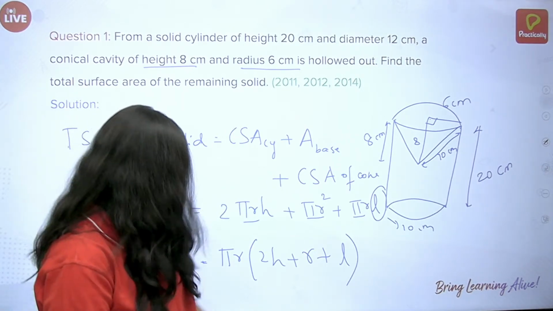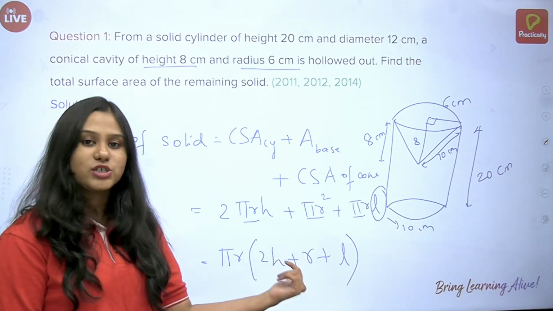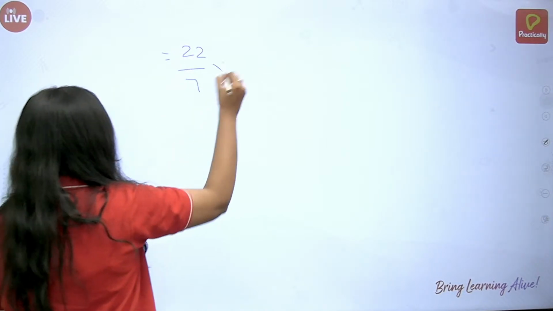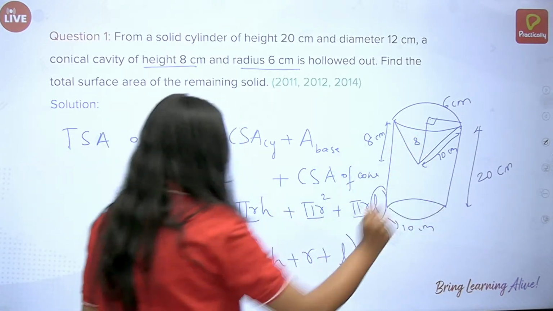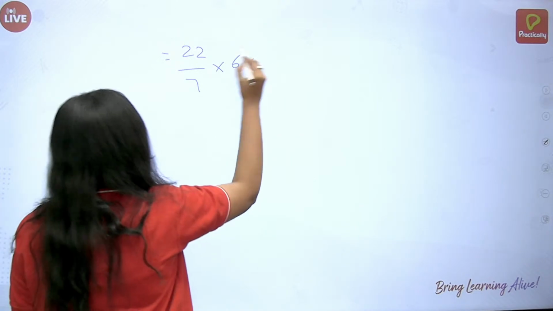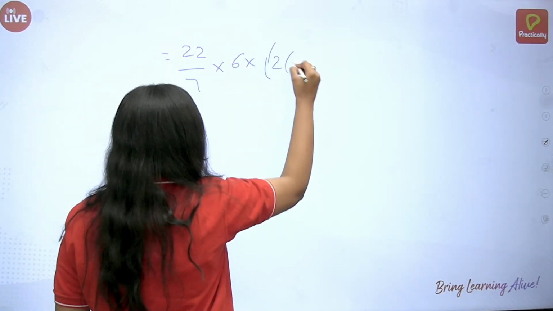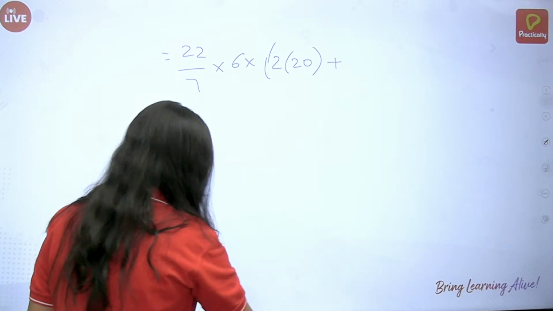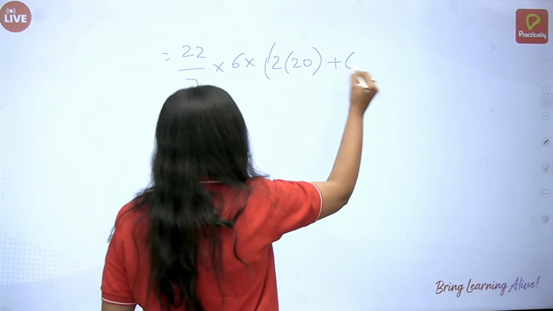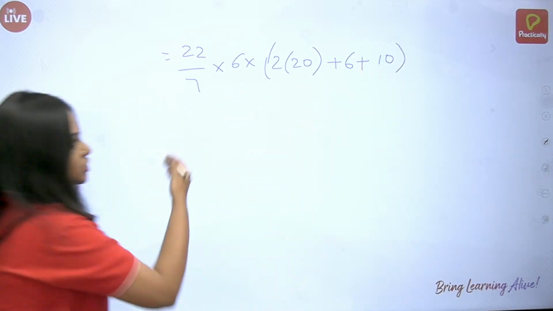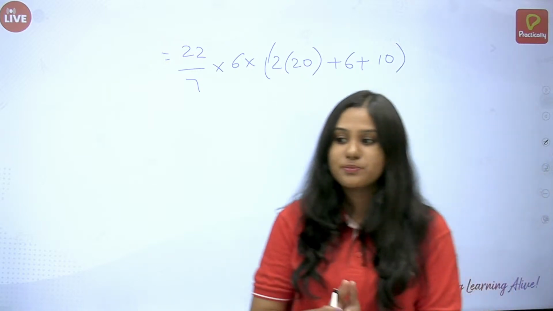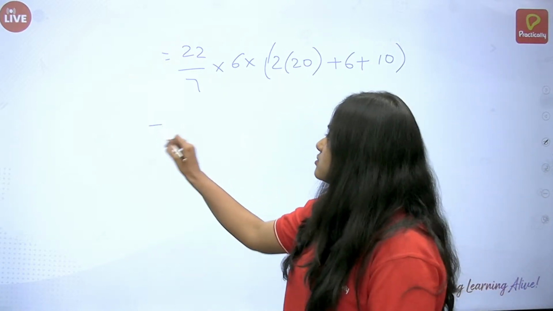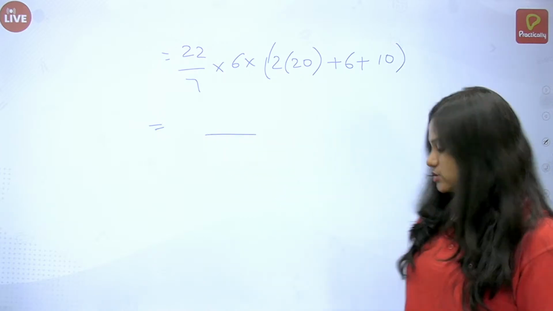Now that we have got the formula, just substitute the values: 22 by 7 into r, which is 6, into 2 into 20 plus r, which is 6, plus l, which is 10. Just find it out, I guess you can solve it. I'm not doing the calculation part.